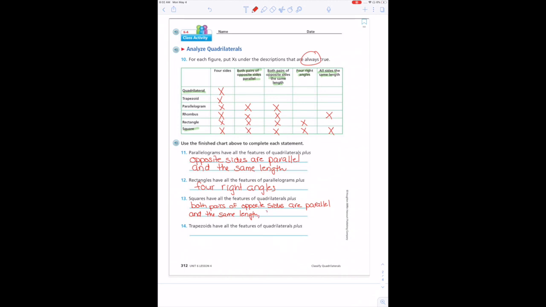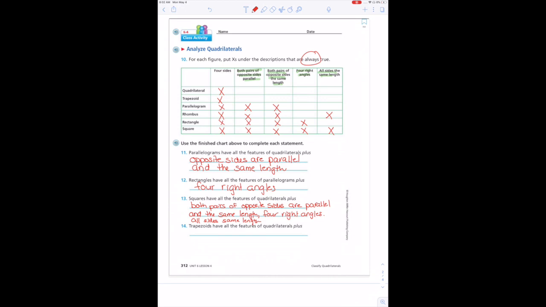Four right angles. This is a lot on this one, isn't it? And all sides the same length. Thanks for sticking through that one. That one's tough.